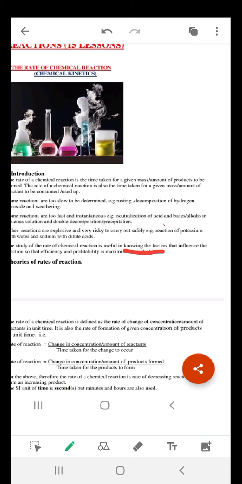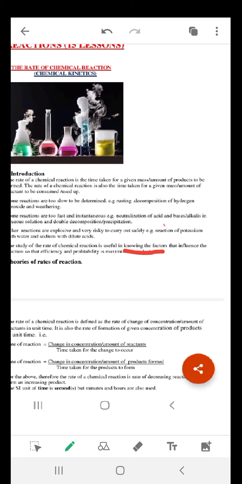If you are told to calculate the rate of reaction, we take the change in concentration, that is, final concentration minus initial concentration, then divide by the time taken for the change to occur, that is the final time minus the initial time.